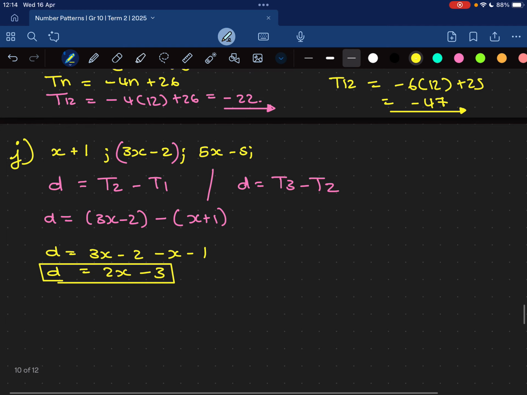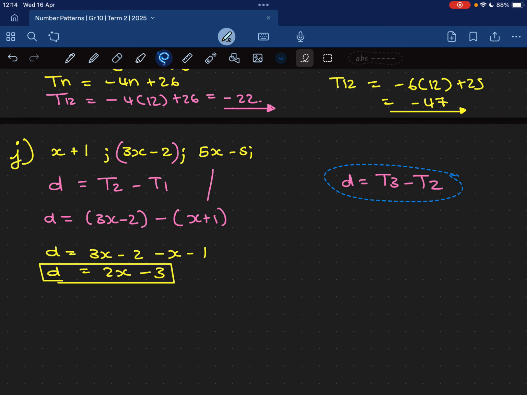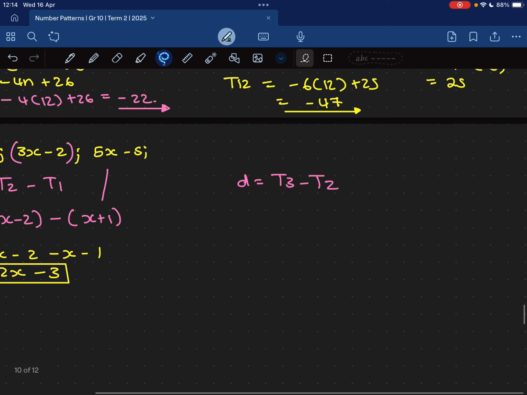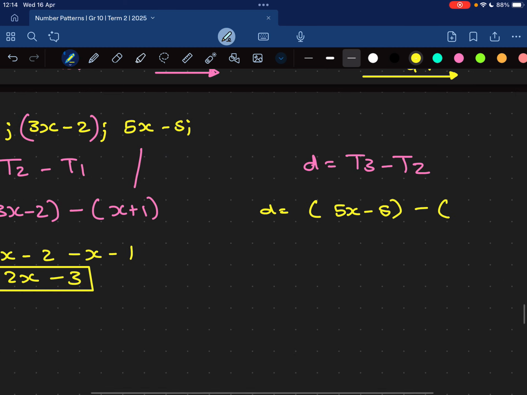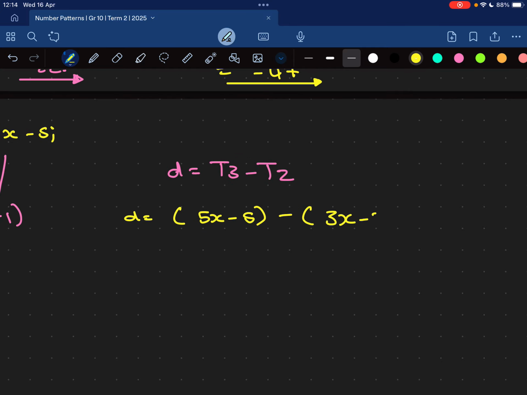Okay, I can show you what would have happened if you used T3 minus T2, which you could have also done. The difference is T3, which is 5x minus 5, minus T2, which is 3x minus 2.